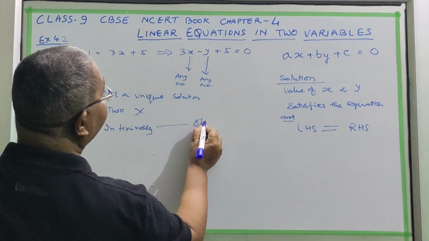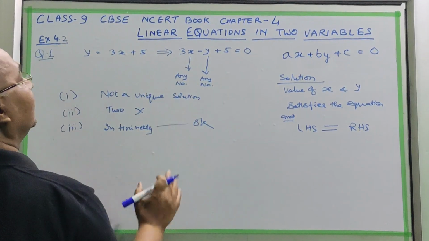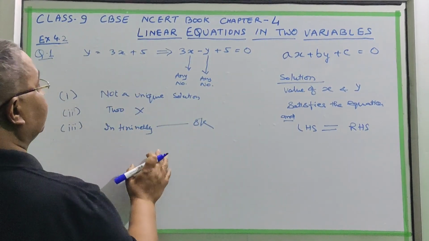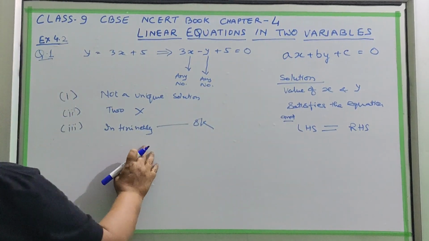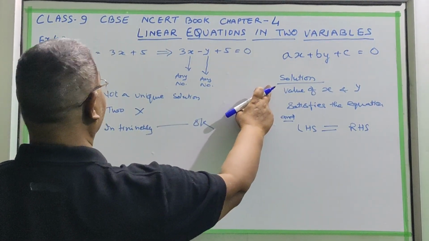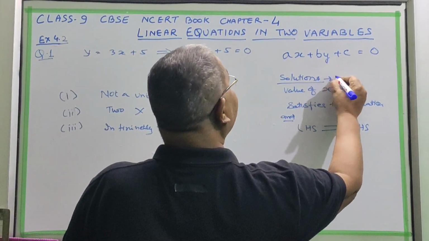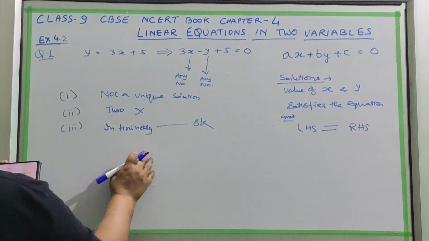This is okay because you keep on changing the x value, the y value will keep on changing. You keep on changing the y value, the x value will keep on changing. So in case of two variables, our solutions are always infinitely many.